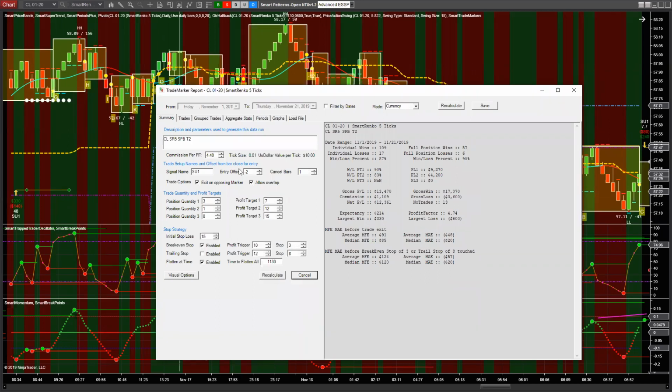You can see the number of trades that you skipped now is 13. You want to keep an eye on your missed trades number. With a two-tick discount, I've missed 13 trades so far. Whereas if I go back to -1, I missed only one trade.